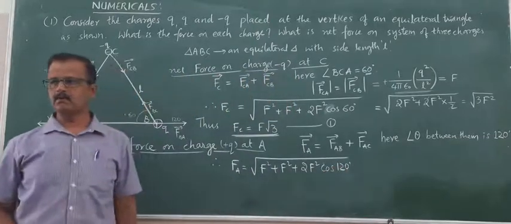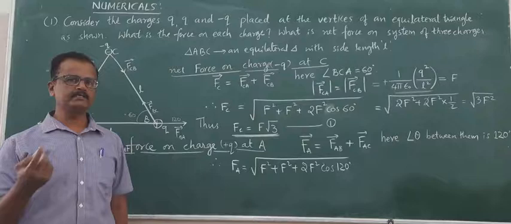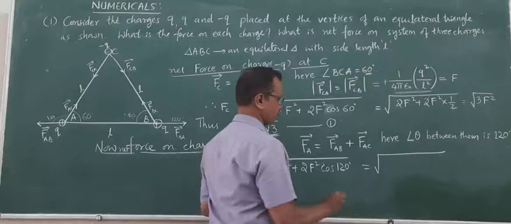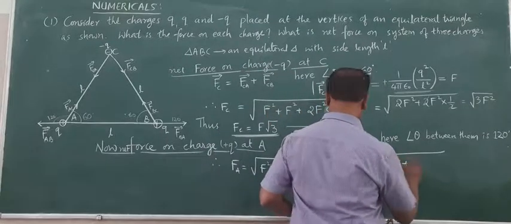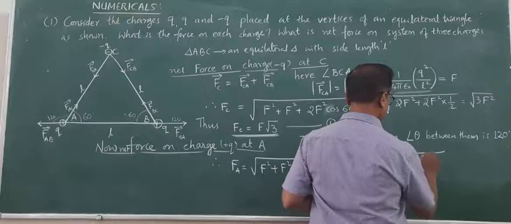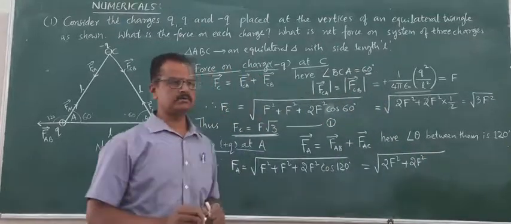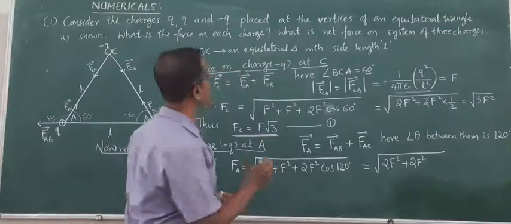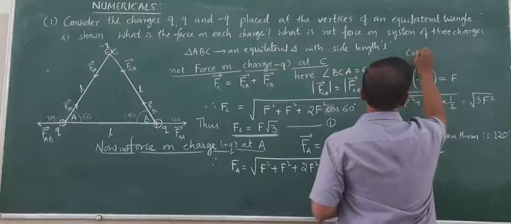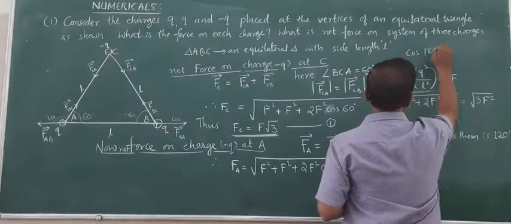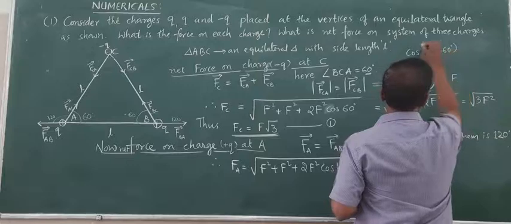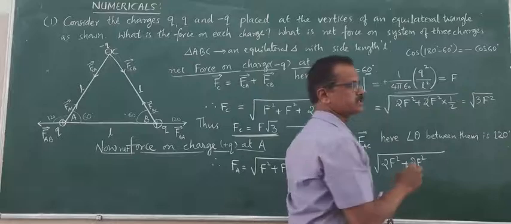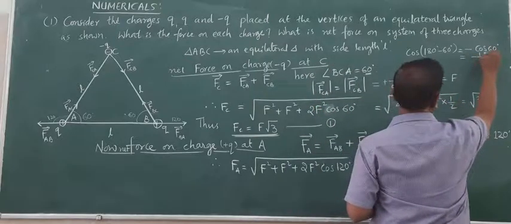Cos 120 is equal to cos 180 minus 60. So this I can write as F square plus F square, 2F square, plus 2F square into minus cos 60, because cos of 180 minus 60. What is cos of 180 minus 60? Is it not minus cos 60? So minus cos 60 means that will be minus 1 by 2.